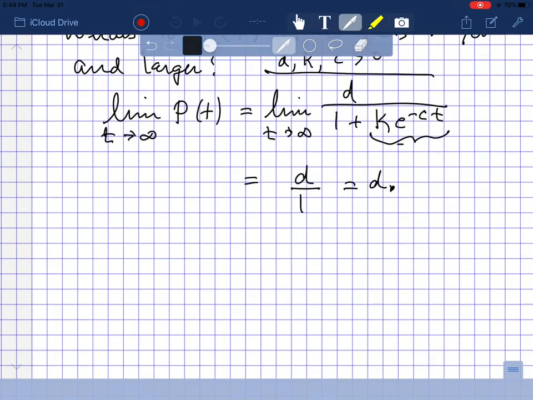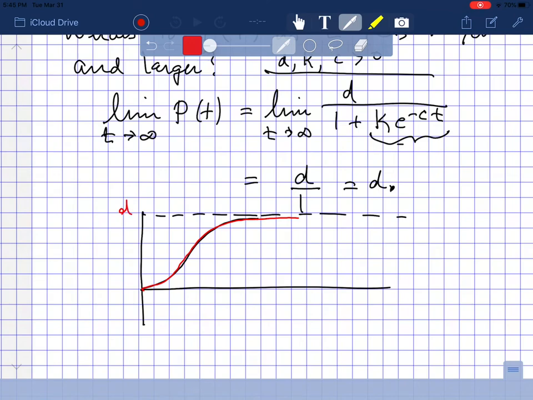Now the graph of this function P of t looks like this. This is something that you work out in calculus, but I'm going to show you what it looks like. This is d. This is my t-axis.